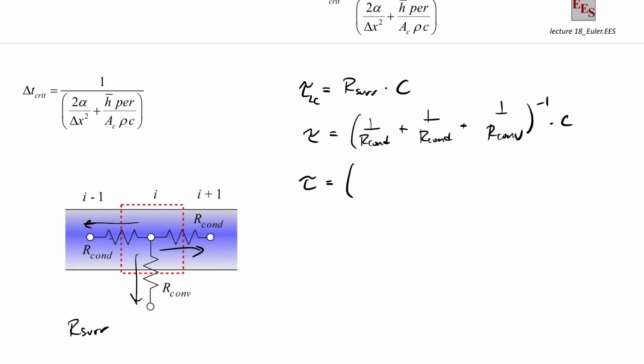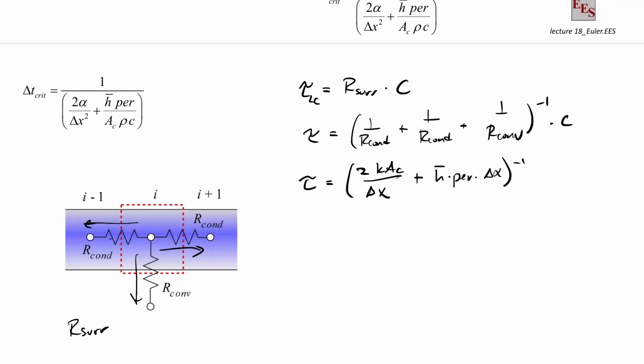So tau becomes, this first one is k A_c over delta x, or 1 over that. So then it's 2 of those. So it becomes 2 k A_c over delta x plus 1 over hA, but then the inverse of that. So that becomes h bar times the perimeter times delta x. All that to the -1.